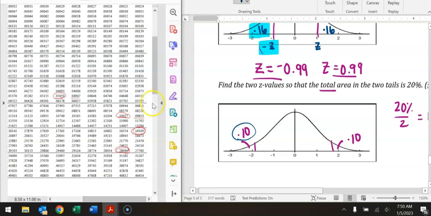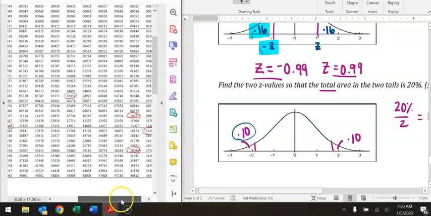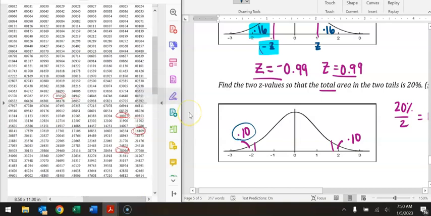Okay, actually, yep, I was right. This one is definitely the closest. So what does that correspond to? Negative 1.28 and a positive 1.28.